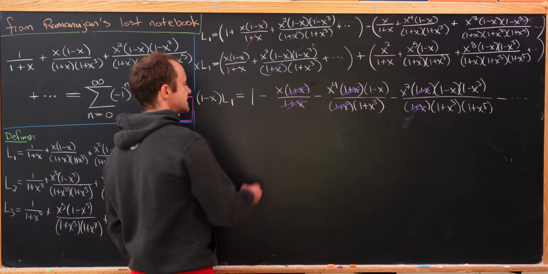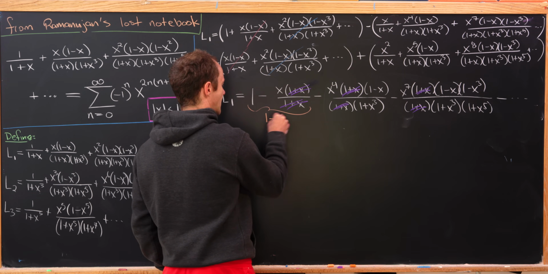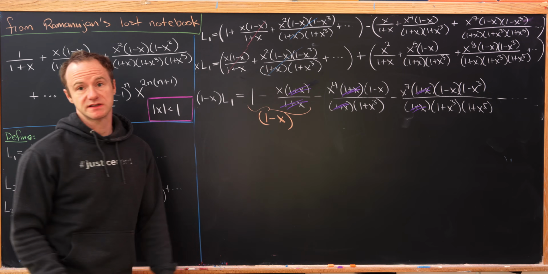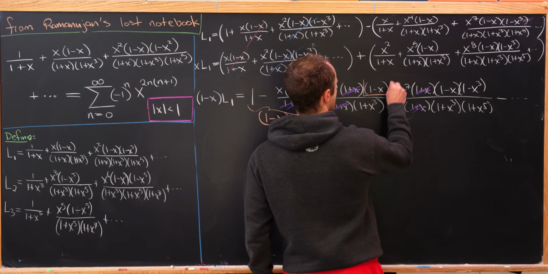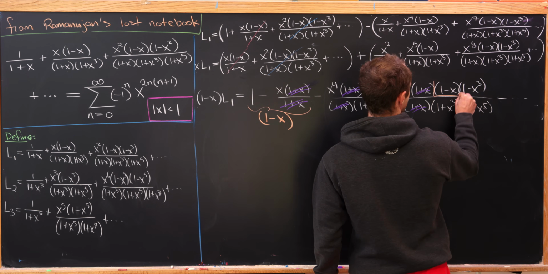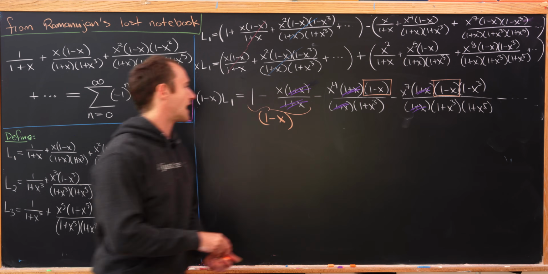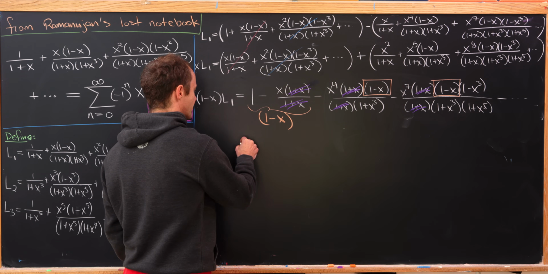So let's get all of those taken care of. And then let's observe that we can put these two terms together into a 1 minus x. I'll maybe put it in parentheses as well. But notice that all of the rest of these have a 1 minus x in them as well. So let's maybe put some boxes around that. And then we can factor 1 over x out of everything.